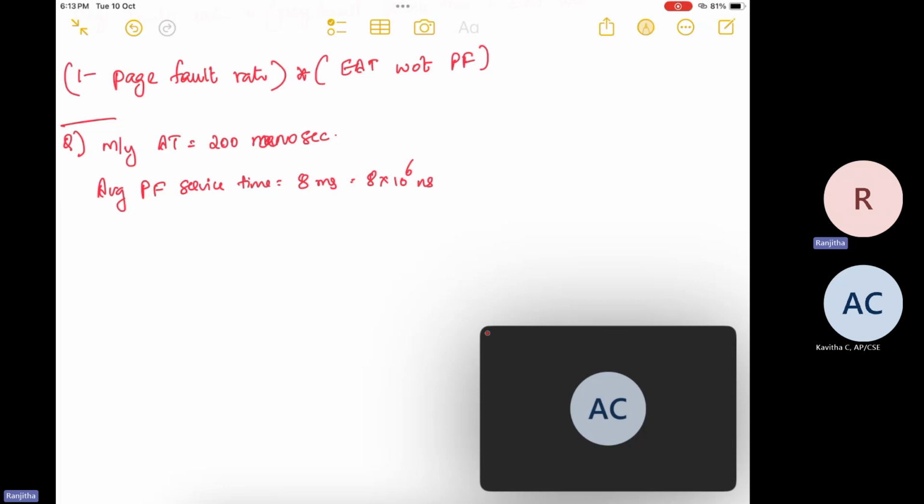So when we are doing the computation, we have to make sure that all the time values are in the same unit.